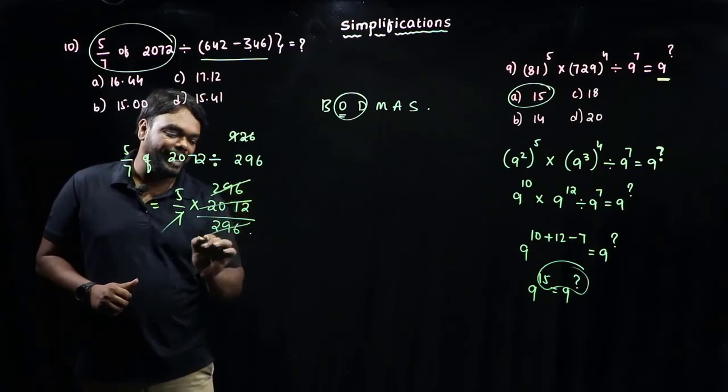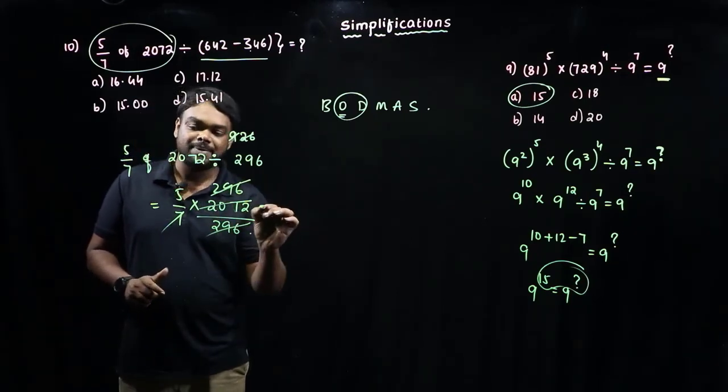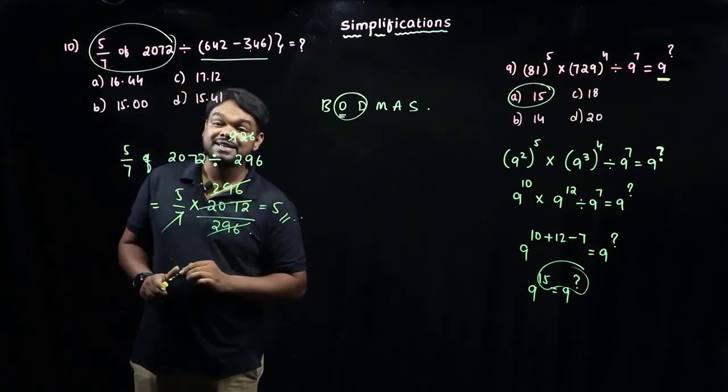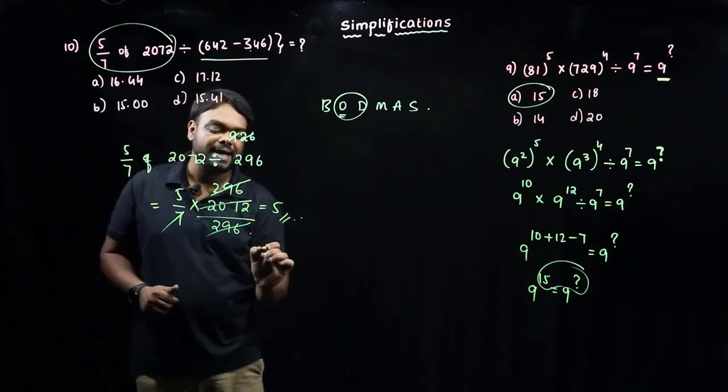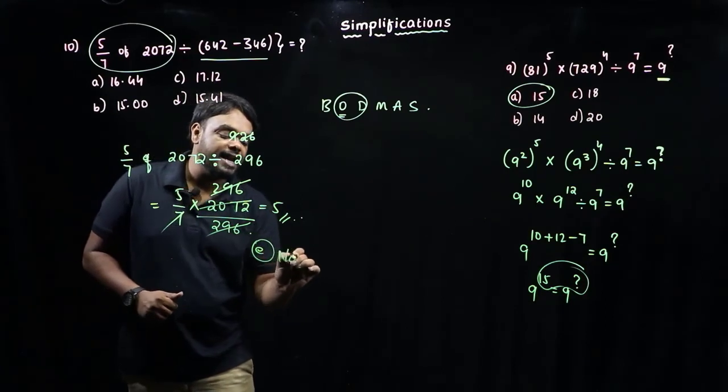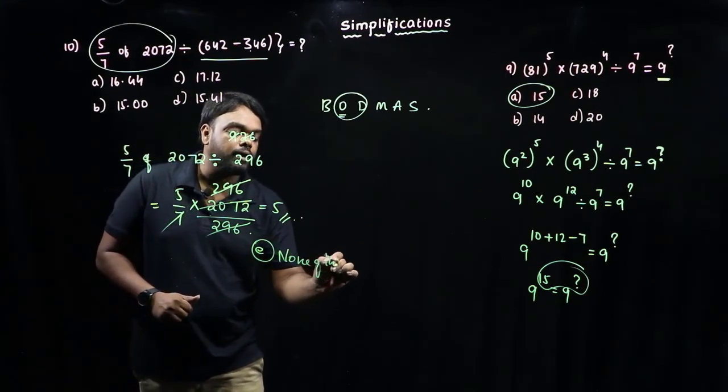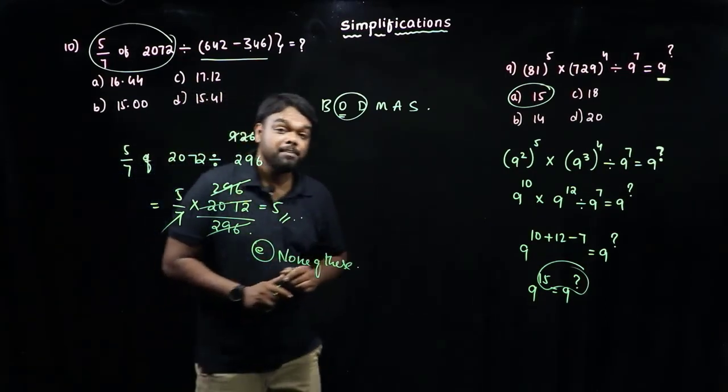Well, if you observe, 296 gets cancelled and I'll be left with the final answer as 5. Well, do we have the options? No. So what must be my answer? My answer is none of the above, and that has to be my final answer.